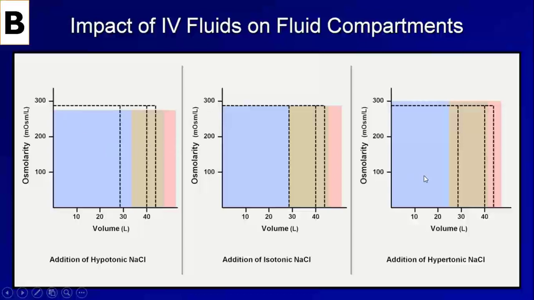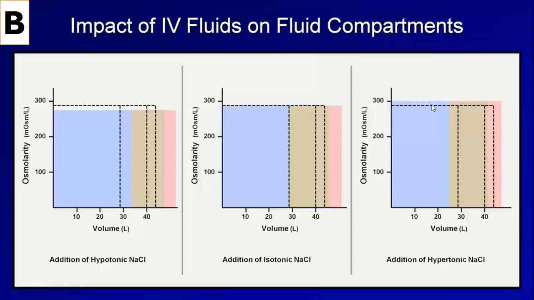If I add hypertonic solution, the opposite will be the result. We will have contraction of the cell and an increase in the interstitial and the intravascular, because the hypertonic solution will withdraw the water from the cell, and the osmolarity will increase.